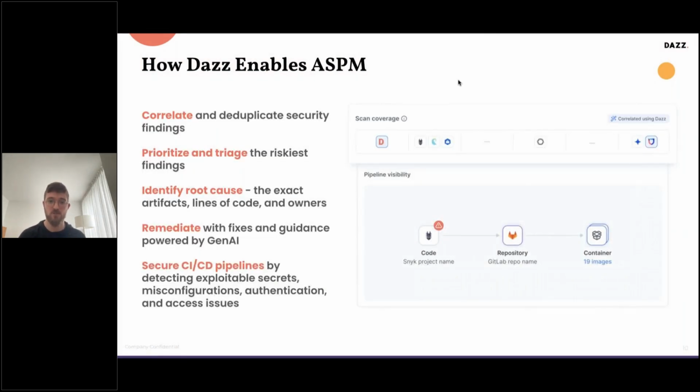The second one that is also emerging, and we have webinars on both if you're interested to learn a little more, is the ASPM market, the application security posture management market. Also another interesting market that touches on a lot of data sources that impact application environments in particular, and deals with how do we correlate and deduplicate that data, how do we prioritize it, and understand what are the most impactful vulnerabilities to our application, how do we identify the root causes, and eventually remediate them based on information that is coming from the CI/CD pipeline.